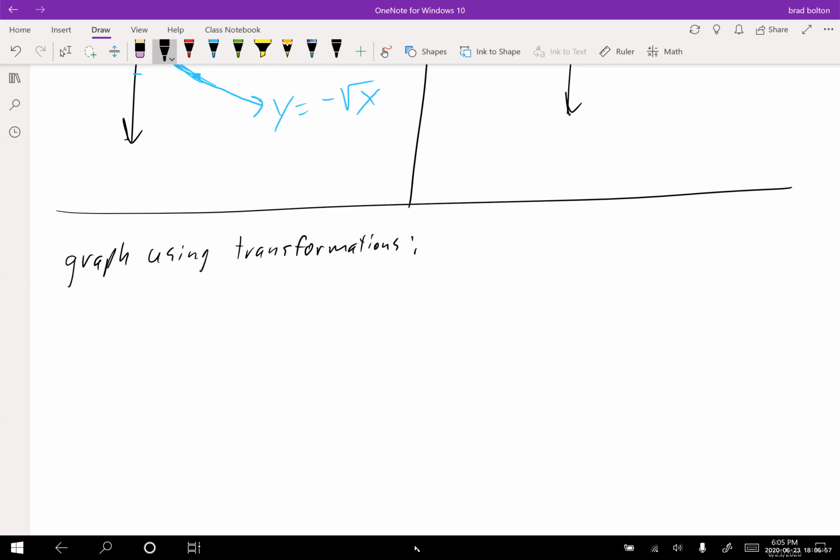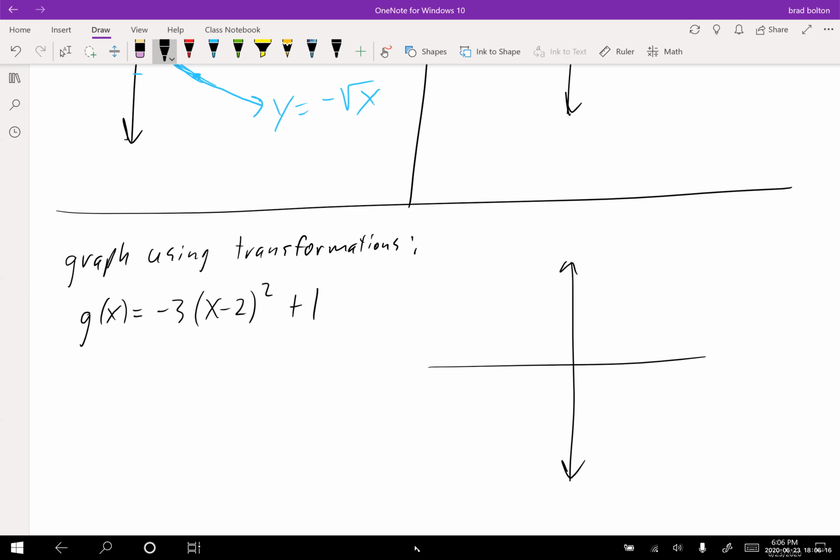So let's say we have g of x is equal to -3 times (x minus 2) squared plus 1. So what I'm going to do is put my graph over here, 1, 2, 3, 4, 1, 2, 3, 4, and so on.